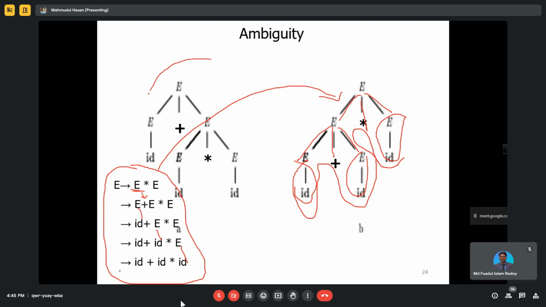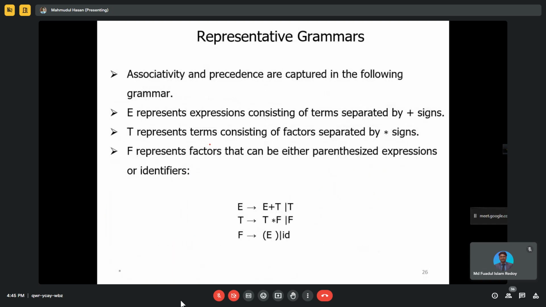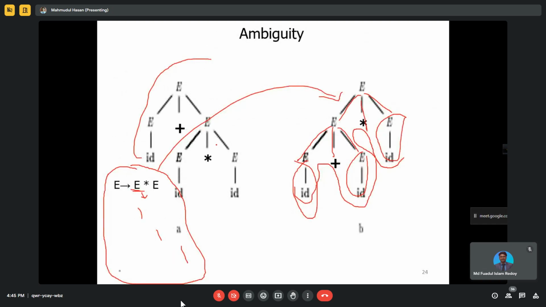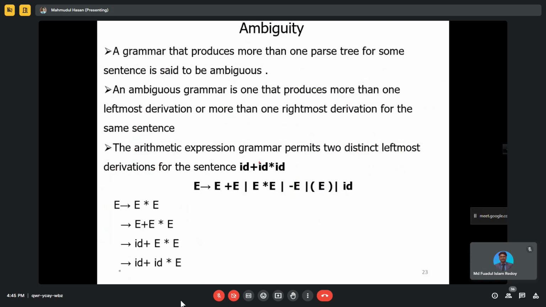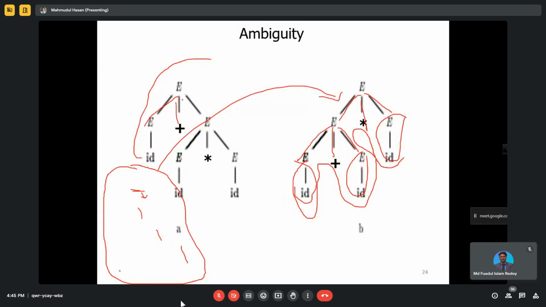And this one, just a minute. So E to E plus E, then this E to ID, then this E to E into E. Then this E to ID, then this E to ID.